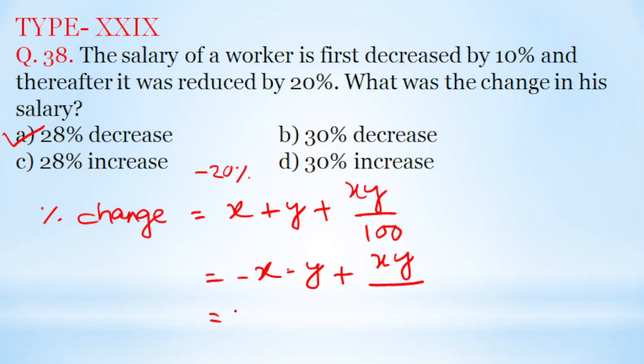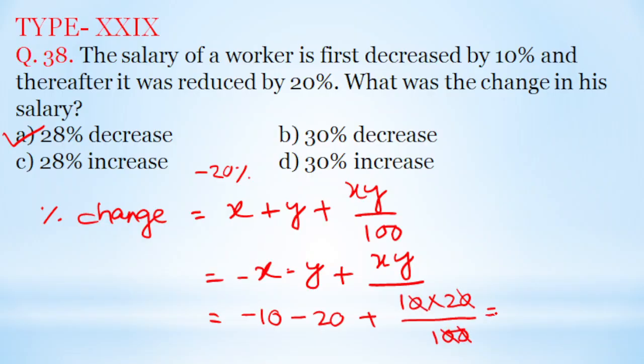So that is equal to minus 10 minus 20 plus 10 into 20 by 100. So here this 0 cancels this 0 and this 0 cancels this 0.